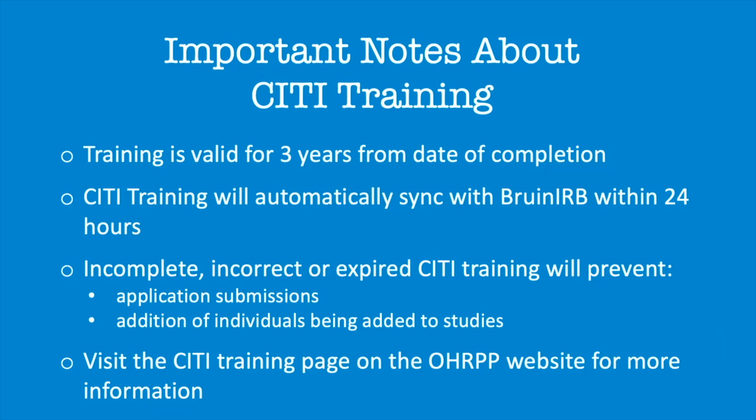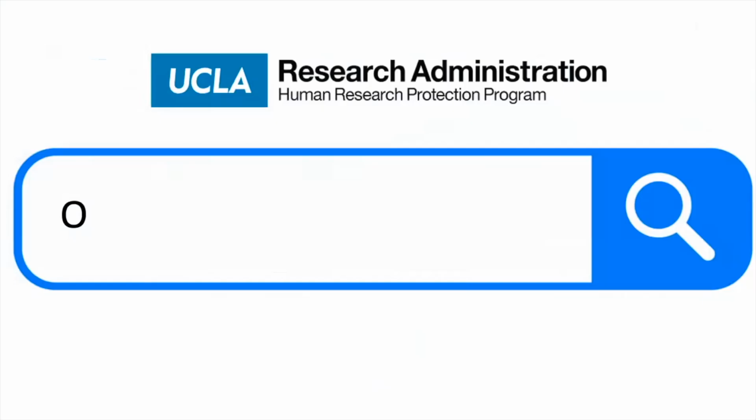It is important that you plan accordingly to allow time for completed training to sync with Bruin IRB and to effectively communicate with others who will be added to your study about completing training in a timely manner. Visit the CITI training page on the OHRPP website for more information. Refer to the description box for the link to this page, which includes more details about training requirements, frequently asked questions, and troubleshooting information.